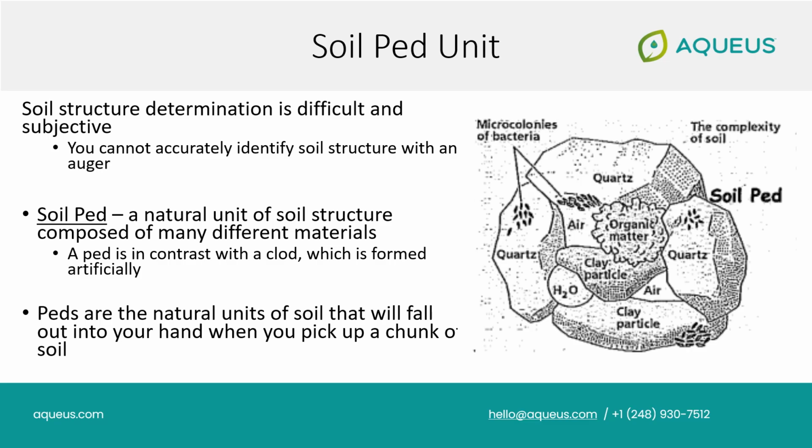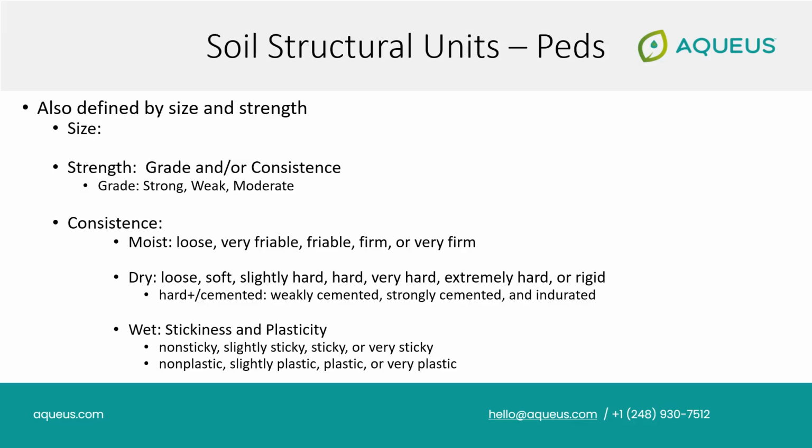These small pedal units can then be associated with other small pedal units to make a larger clod. We have bacteria helping form some of the glues, especially with organic matter. We have interpedal void or airspace that's holding either air or water. How these all interact is what forms a soil ped as part of an aggregated system.